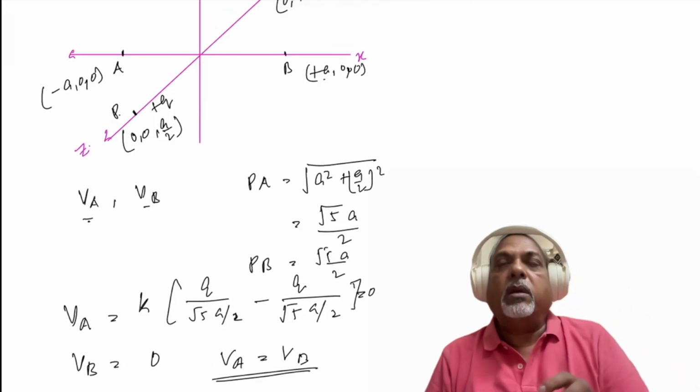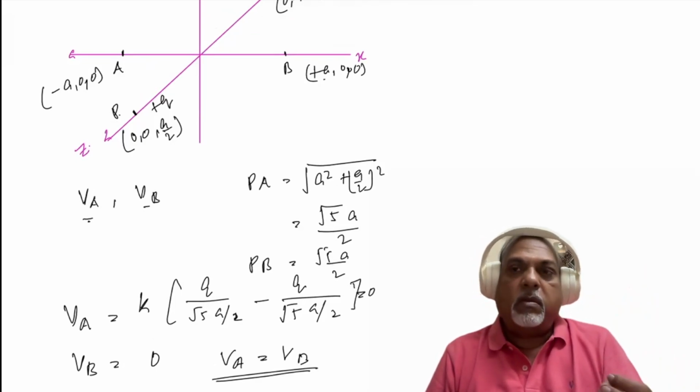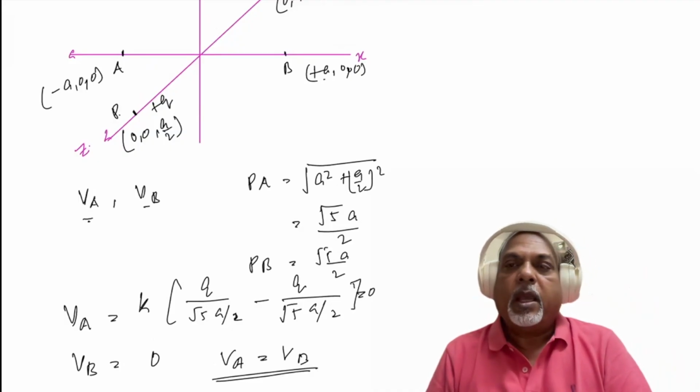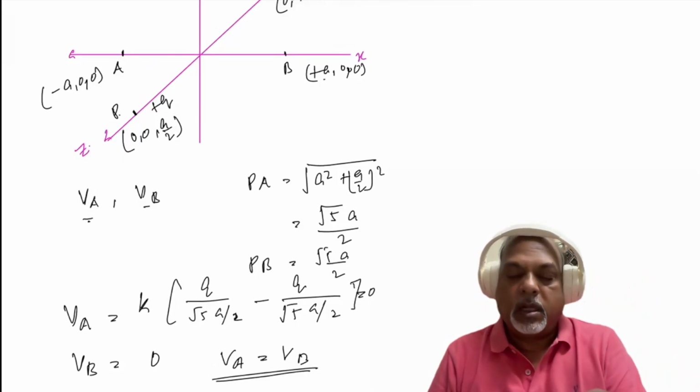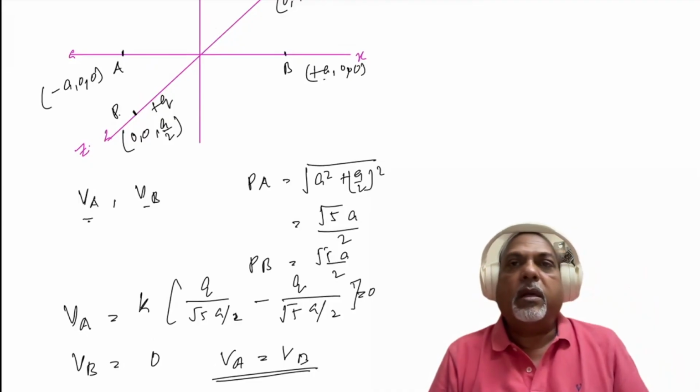That means if you move a charge from point A to point B, since both points are at the same potential, there will not be any work done, because electrostatic forces are conservative forces, and the work done by them does not depend on the path.